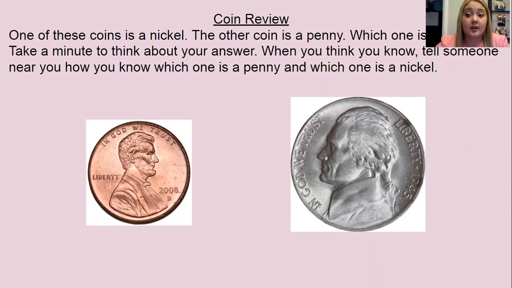All right, let's start. One of these coins is a nickel. The other coin is a penny. Which one is which? Take a minute to think about your answer. When you think you know, tell someone near you which one is a penny and which one is a nickel. So go ahead and do that now. Again, one of these is a nickel, one of these is a penny. Which is which?